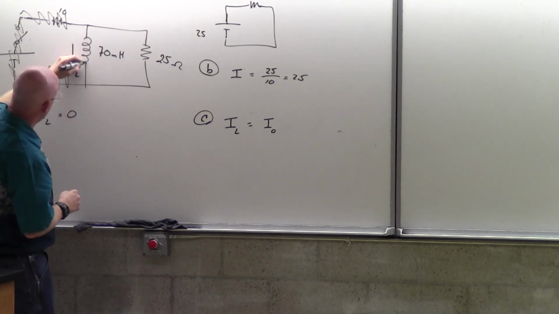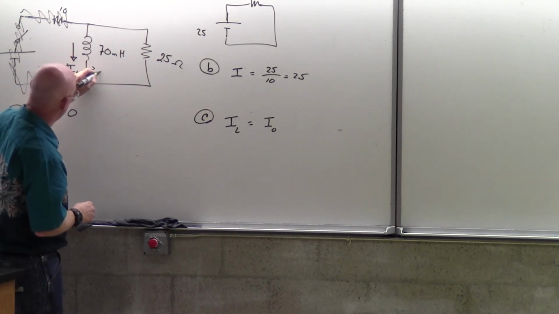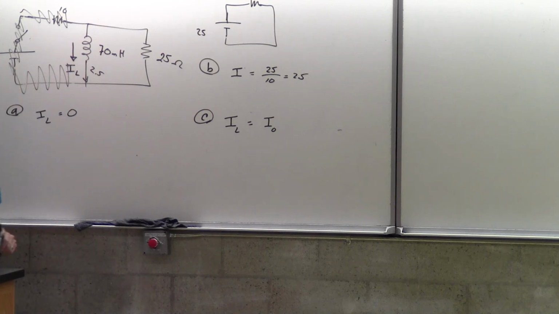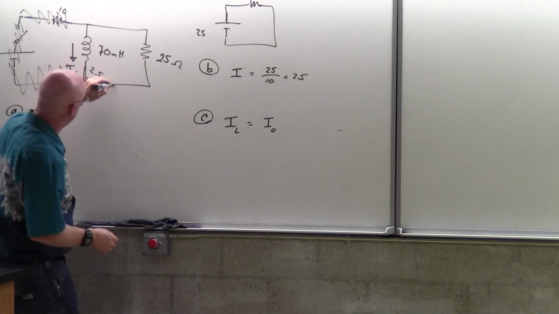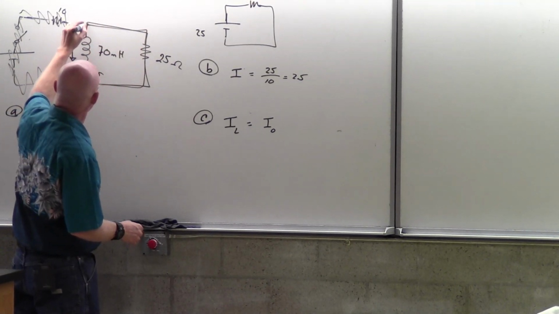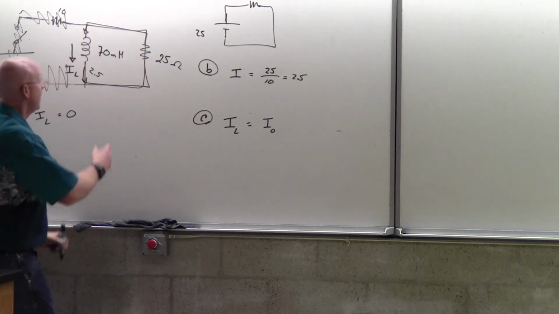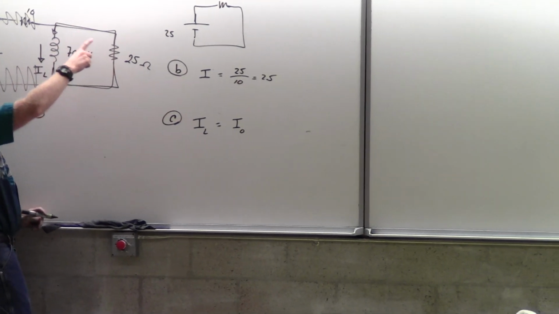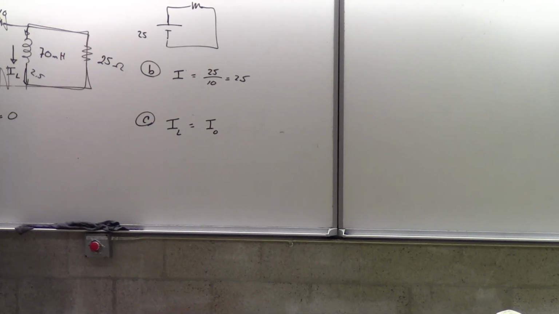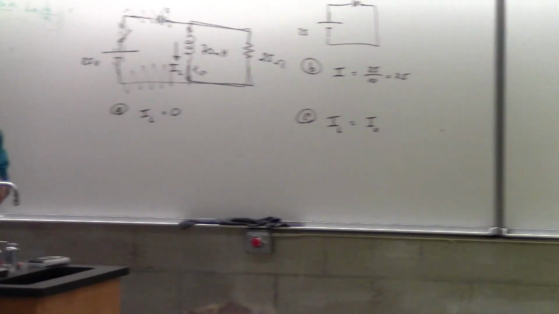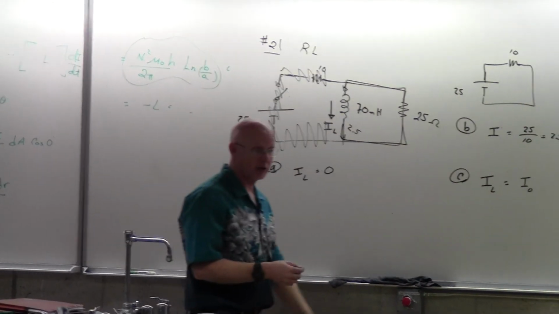And so this already had a current of 2.5 amps. What's going to happen? Right, it's going to want to start changing, but as it's changing, it produces a voltage. And so the current's going to go around like this. And now you're going to have a decaying current as the current gets de-energized out of our inductor.